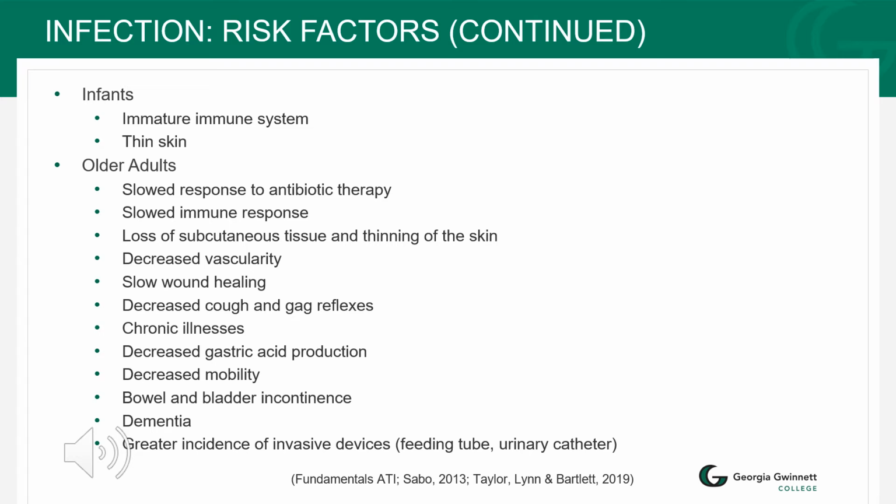A lot of times people that have dementia don't bathe as much. Their hygiene is worse. And again, when someone is older, along with those chronic illnesses, they might have a higher incidence of having a feeding tube or urinary catheter. And those foreign objects in the body will put them at greater risk for infection.